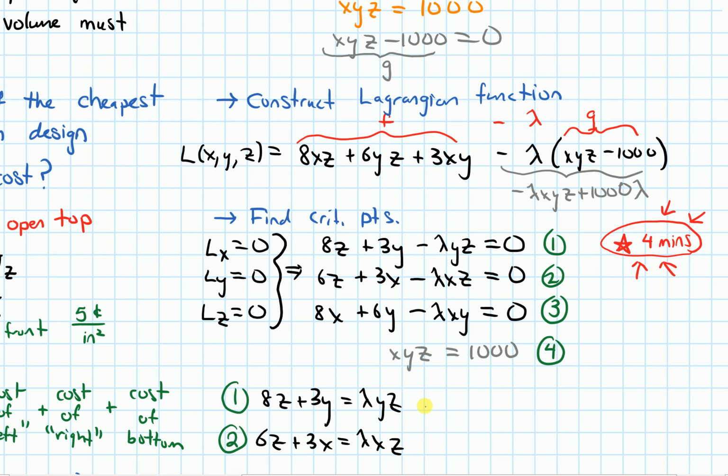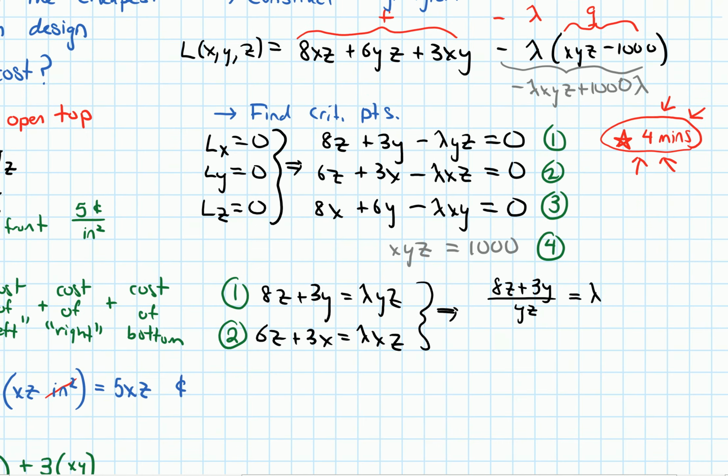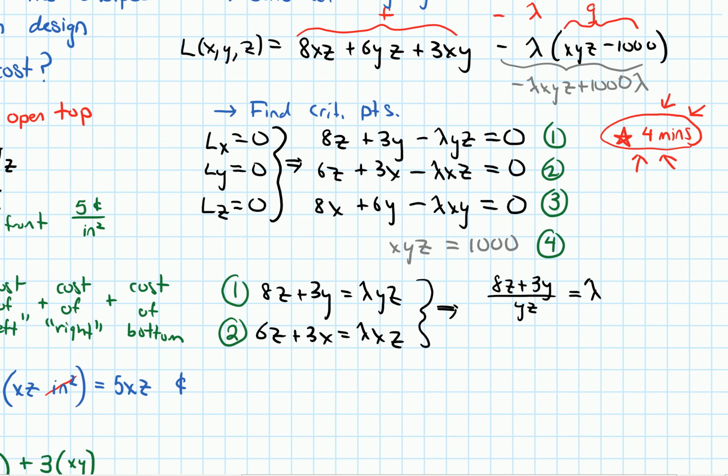And then in both of these equations, I'm going to isolate lambda. So in the first one, I would get 8z plus 3y divided by yz equals lambda. And in the second one, I get 6z plus 3x divided by xz equals lambda.